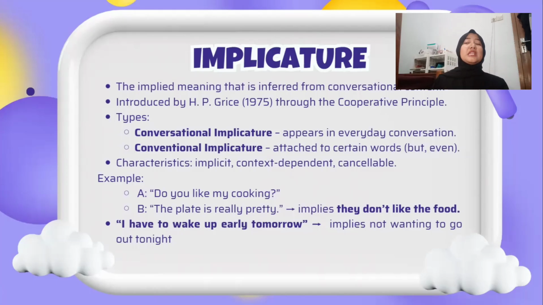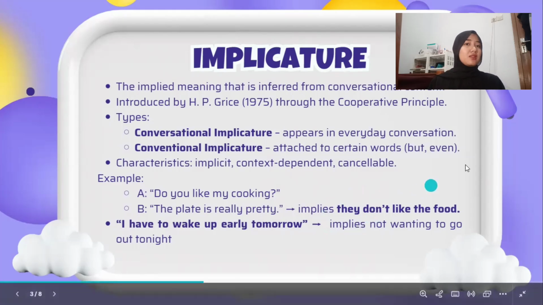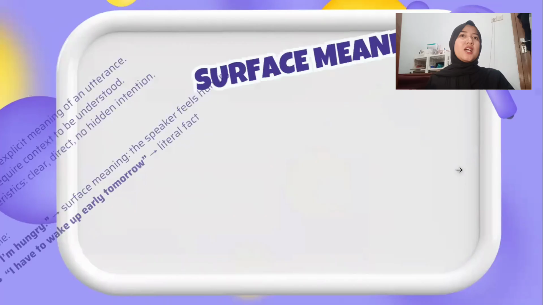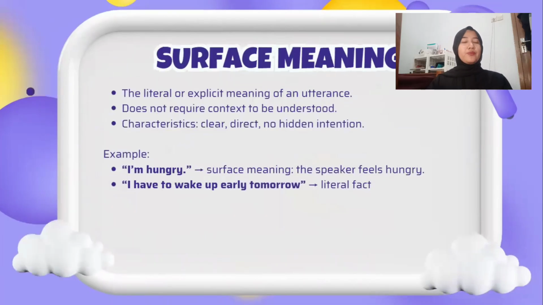Okay, and then the second example is when someone says, "I have to wake up early tomorrow." It implies that they don't want to go out tonight, but they refuse in a polite way. Okay, and then we go to surface meaning.